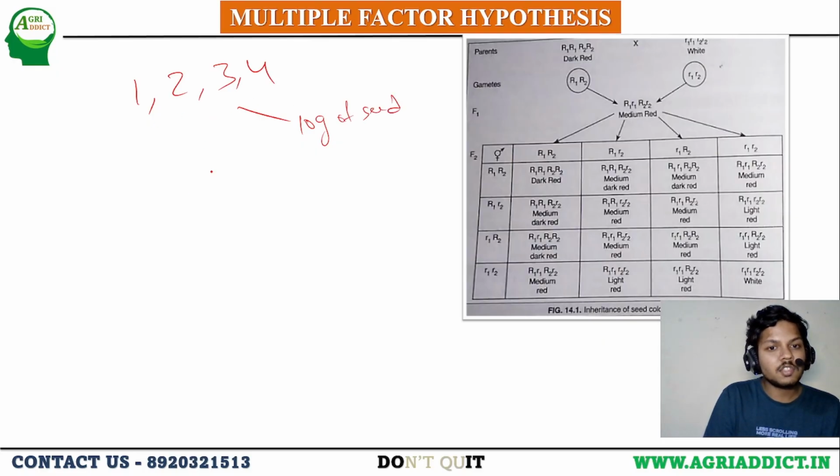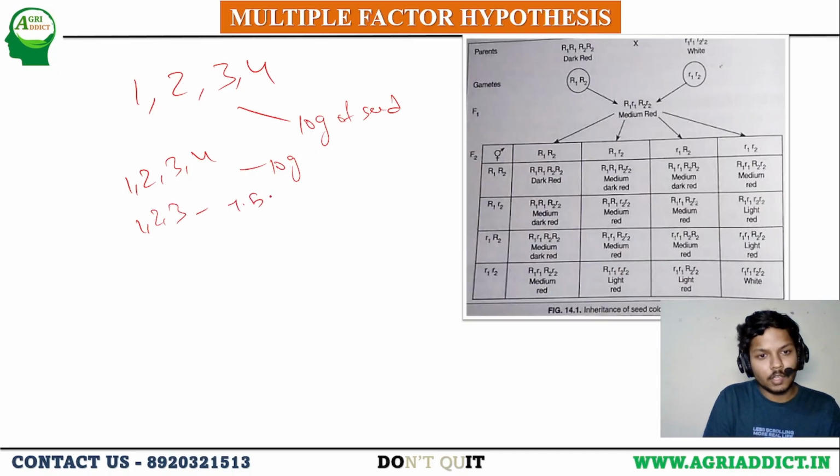If these 4 genes are present in dominant form, 1, 2, 3 and 4, then it will be 10 grams. But if, okay, let's assume 3 are dominant, 1, 2, 3, then 7.5 grams. If 2 are dominant, 1, 2, 5 grams. If 1 is dominant, 2.5 grams.